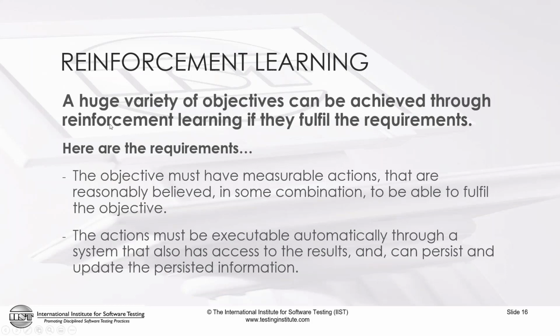The actions must be executable automatically through a system that also has access to the results and can persist and update the persisted information. We're doing it on a computer, but self-driving cars, robots, smartphones, there's a lot of other types of devices that have artificial intelligence and they meet the same criteria.